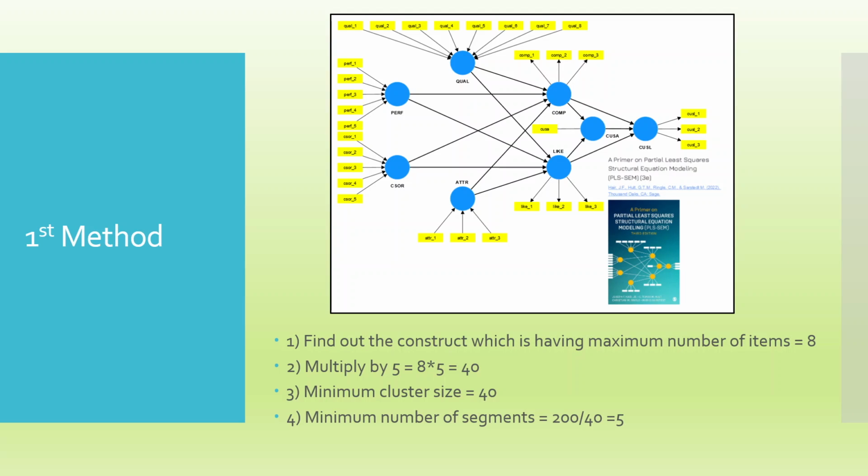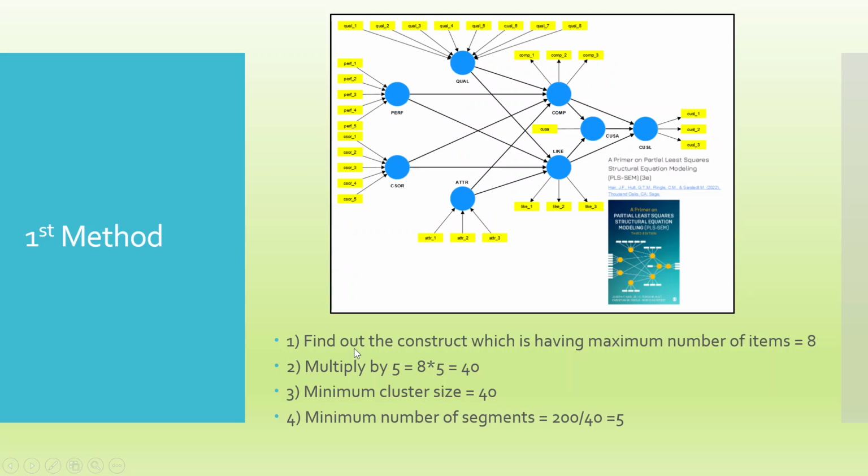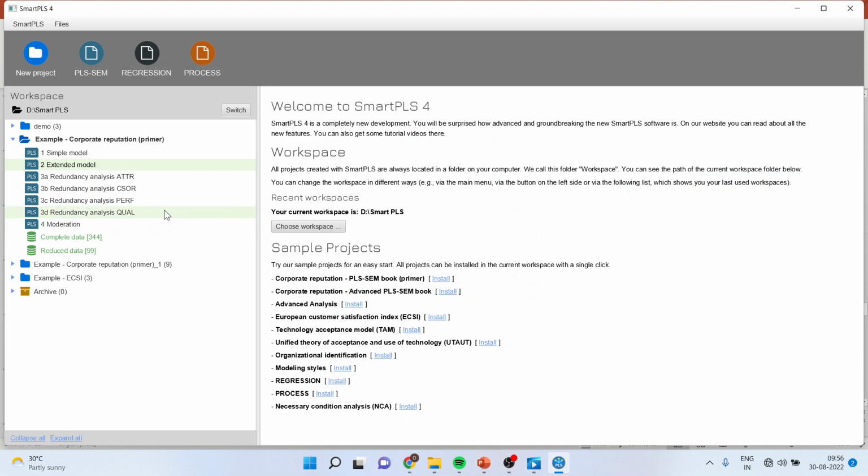Say for example, I want to find out the maximum number of segments. So this is the model which is there. This model is already there in the software itself. The first thing you should do is find the construct which has the maximum number of items. Let us see this in SmartPLS.